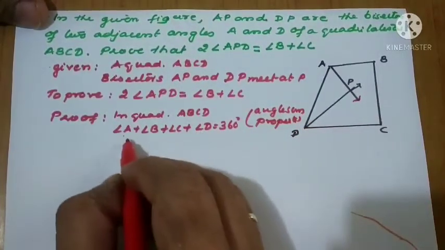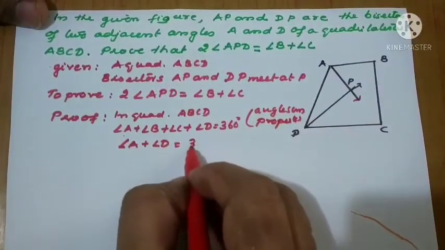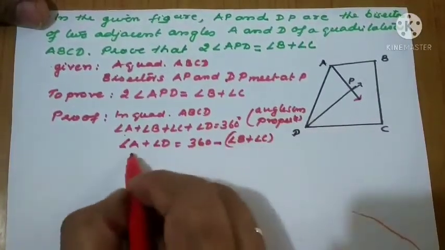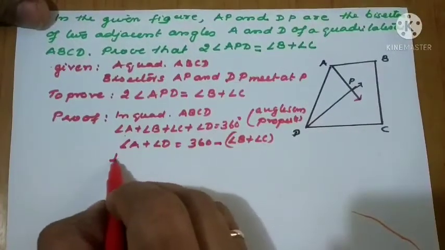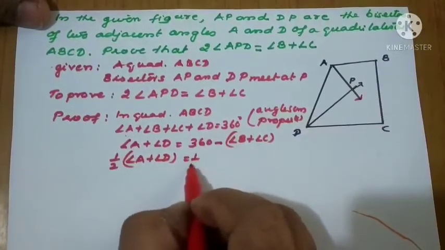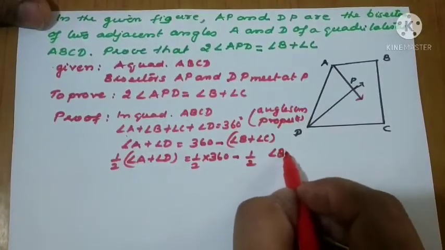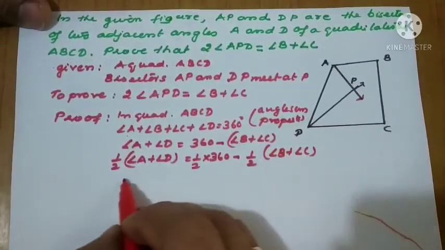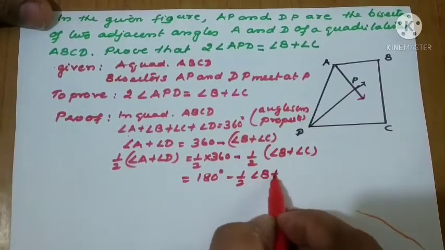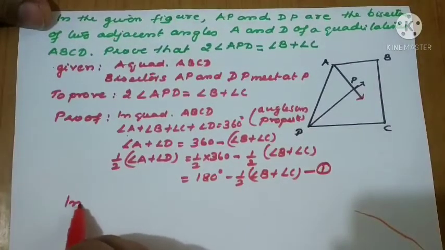Angle A and angle D will be required, so we keep angle A plus angle D only, and 360 minus angle B plus C. Because we are going to apply bisectors, we divide both sides by half. So half of A plus D is 180 minus half into angle B plus angle C. Equation number 1.